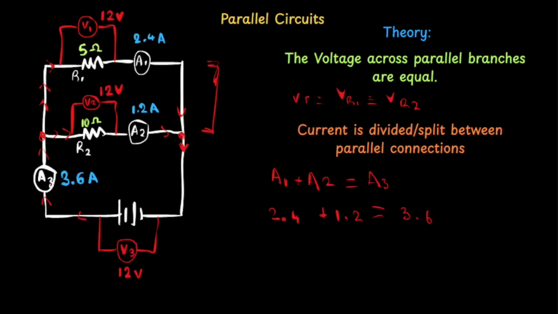In order for us to calculate the amount of current that travels in each branch, we can simply take the voltage across that branch divided by the total resistance of the branch itself.